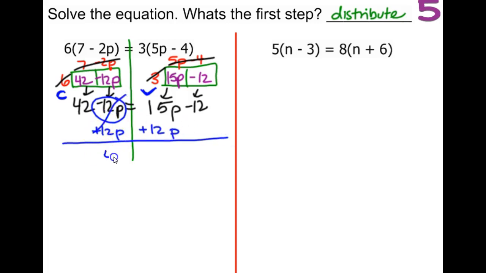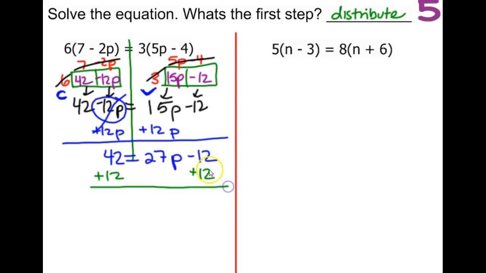Those eliminate. We have 42. 15 plus 12 will give us 27p. Just add them up. And then minus 12. Our goal is to get p all by itself, so the opposite of subtracting 12 would be adding 12. So those eliminate. 42 plus 12 is 54.